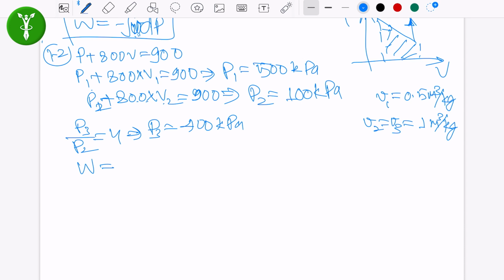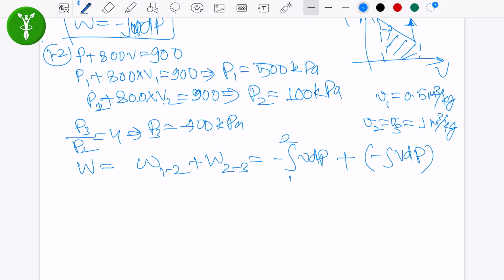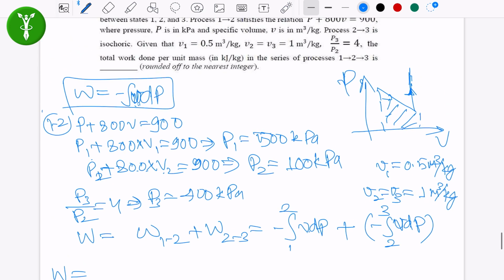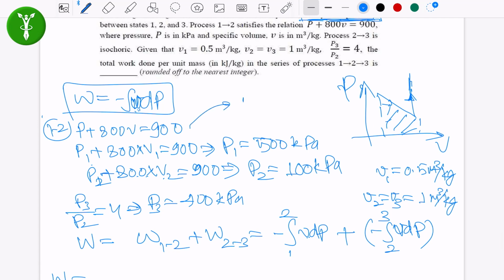Total work done will be equal to work done in 1 to 2 to 3. So integration of minus VdP from 1 to 2, plus minus VdP for which process? 2 to 3. Now see, for 1 to 2, V will be equal to 900 minus P divided by 800.